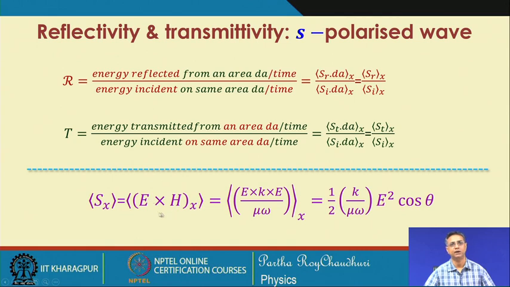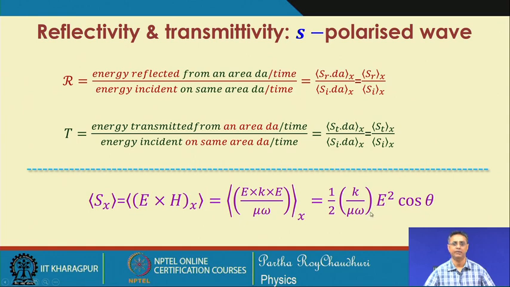So, you can easily evaluate this expression. And now, writing H equal to k cross E by mu omega, we can reduce this expression to this form, and then on evaluation we can get that the x component of the Poynting vector, when time averaged, I will get this equation.